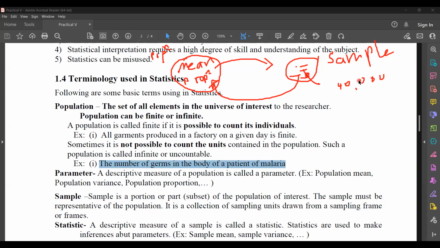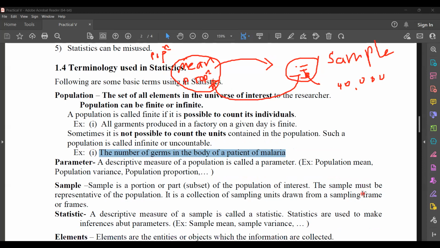However, the sample must be representative of the population, and it is the collection of sampling units drawn from a sampling frame or frames. I will discuss those things under sampling, so don't worry about that. So basically, the sample is a representative subset of the population.